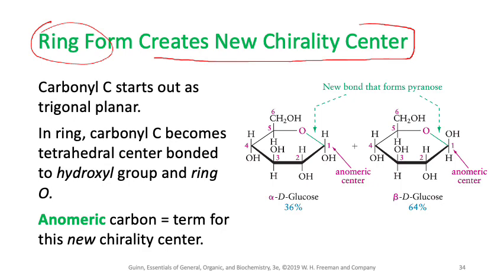But when you're converting into a cyclic form, how many chiral centers do you have now? Let's see. This is your chiral center, this is your chiral center, this is chiral, right? But now you have one more chiral center, which is this carbon, formed by the formation of a new bond between oxygen and carbon number 1.